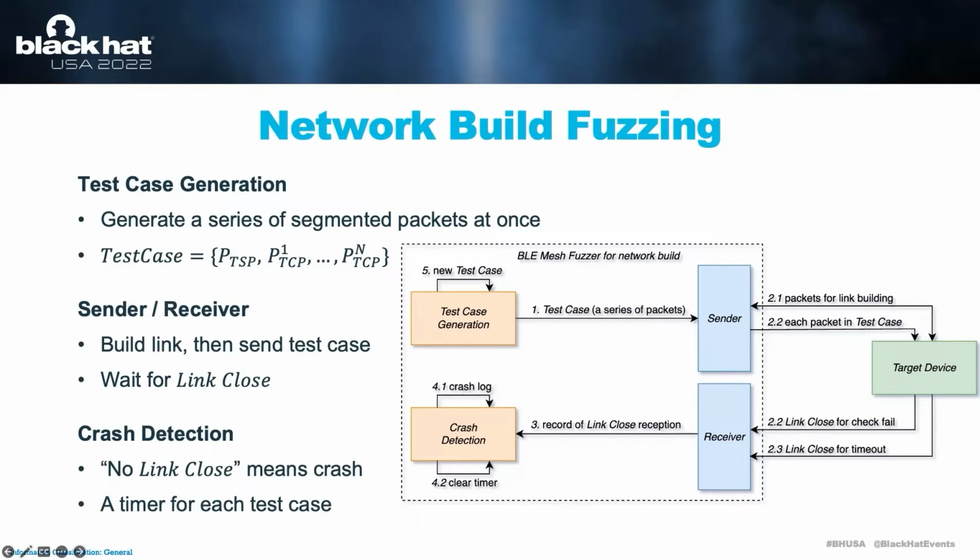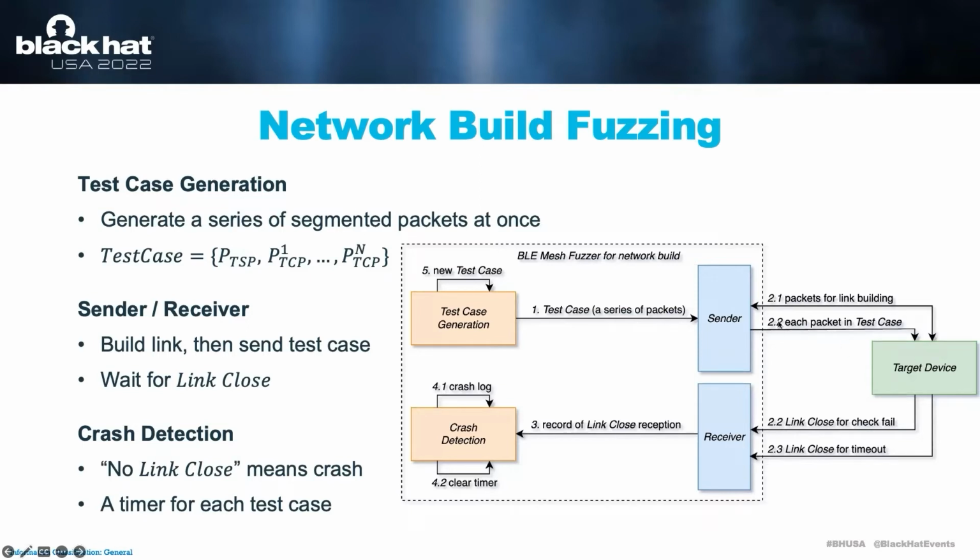For test case generation, we define a series of segmented packets as a single test case, like this. And we generate them at once in each fuzzing loop. Then our sender will first follow the normal provisioning procedure to build a link with the target device.